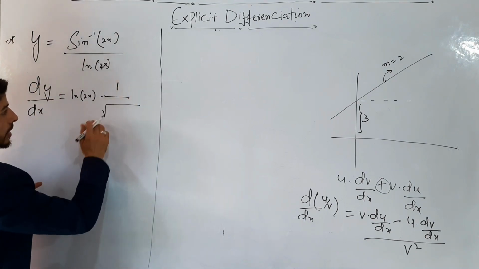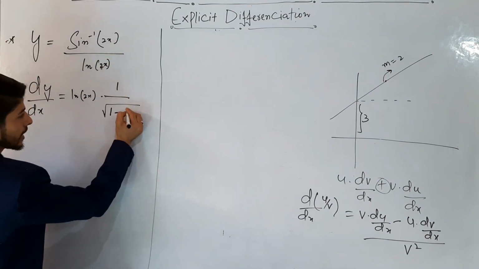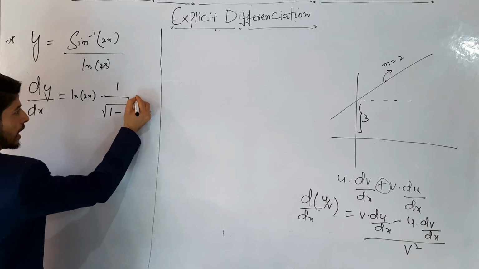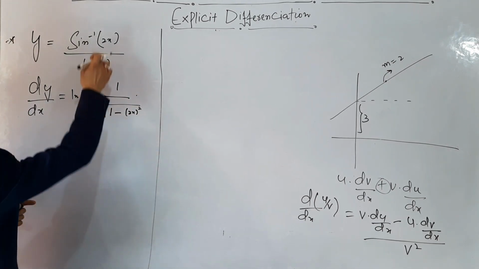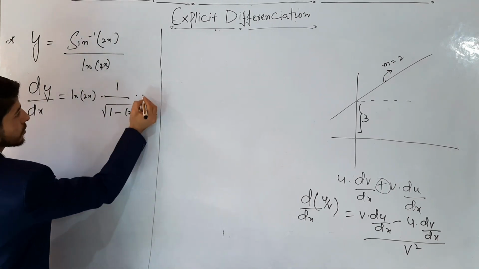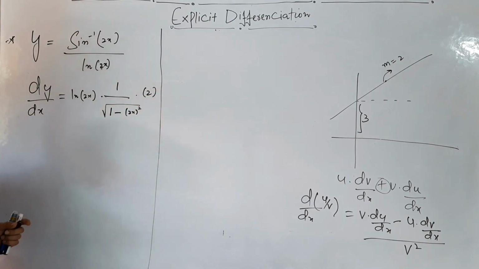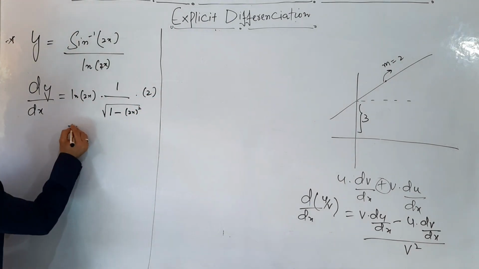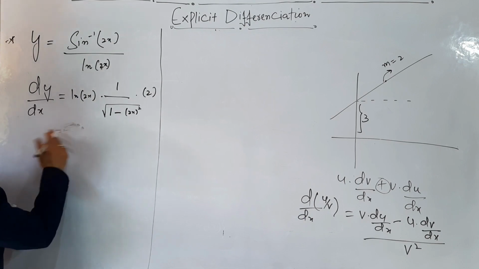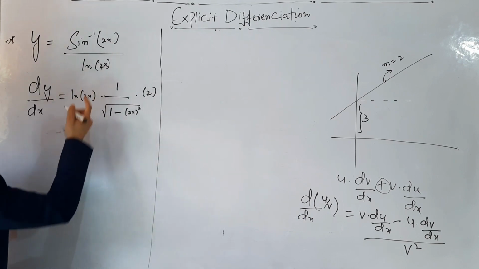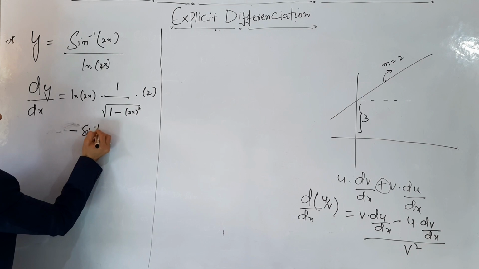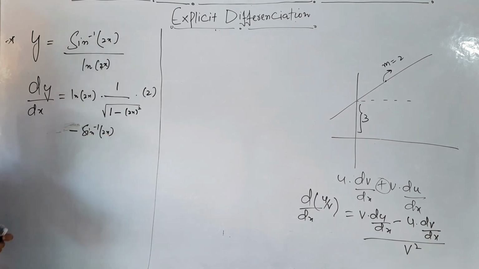It will be 1 divided by under root of 1 minus the angle square, that's 2x square, and multiply the derivative of the inner function. The derivative of 2x is 2. Then we have to write the negative. It will be u. What will be u? Sine inverse of 2x.